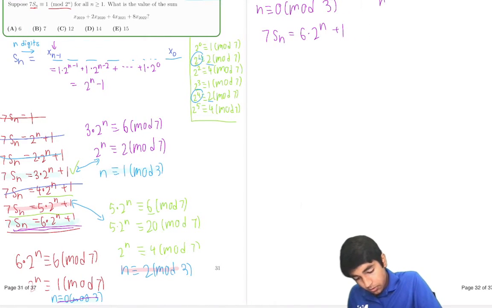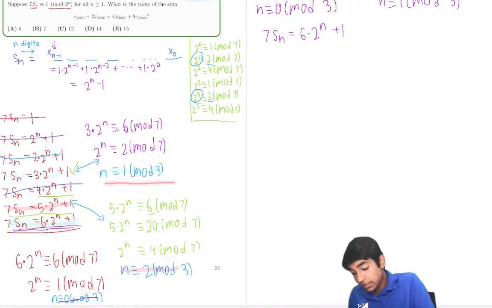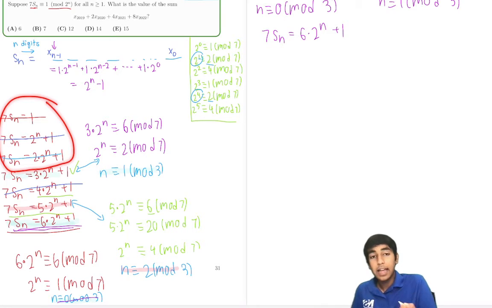If n is 1 mod 3, just like we found earlier, because we found that this side is only a multiple of 7 for n 1 mod 3 in this equation. So this is the equation that must be true, right? Because none of these other ones will give a valid Sn, an integer.